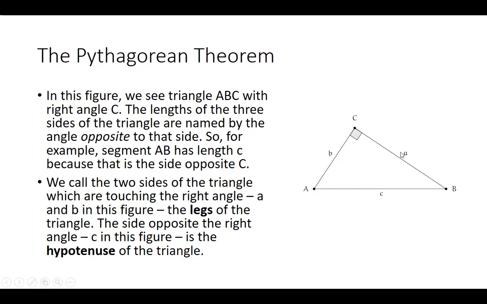So the legs have measure A and measure B. We call the side opposite the right angle the hypotenuse of the triangle. So the hypotenuse is opposite the right angle, and the legs are touching the right angle.